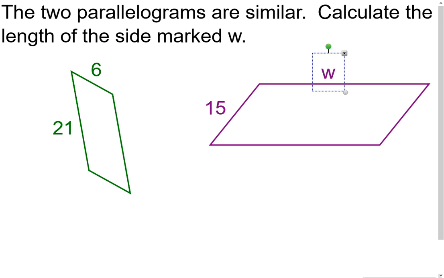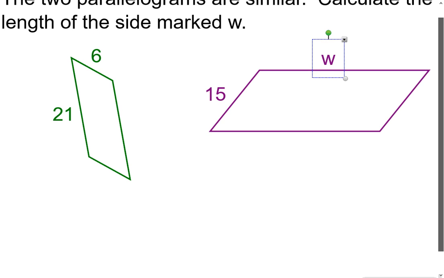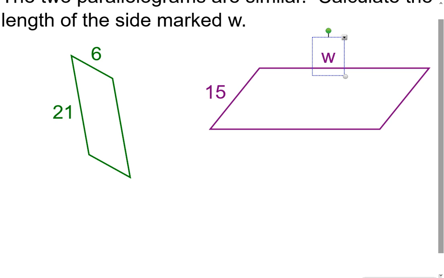And remember what we did when we were trying to show that those 2 quadrilaterals in the first one were similar? I set up ratios with all the corresponding sides. And what I like to do, if I'm trying to figure out what W is, that's the piece that I always start with. So I start with this W. And I go, well, which side corresponds to the W?